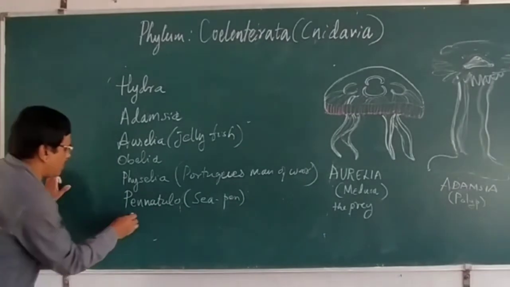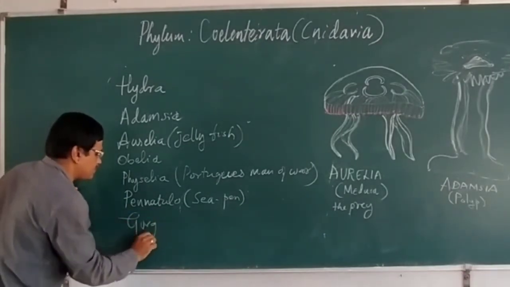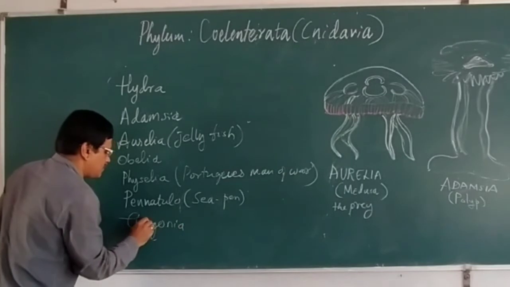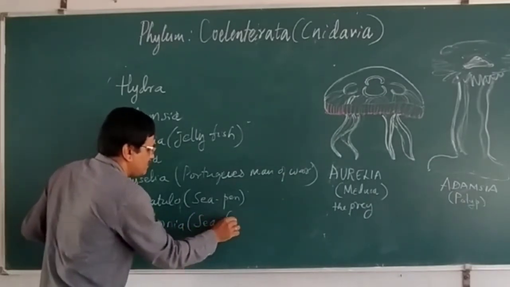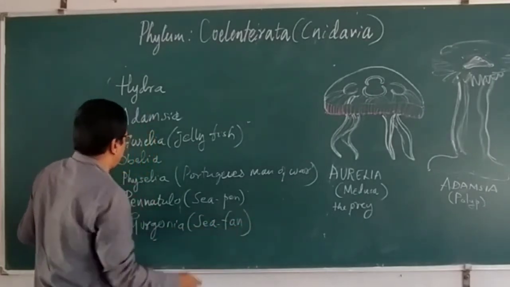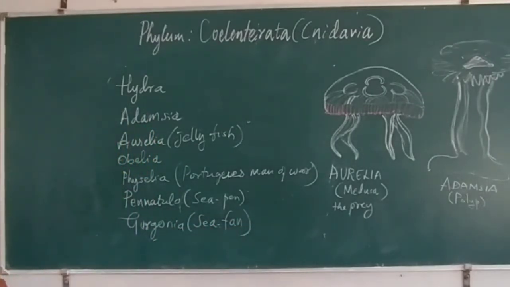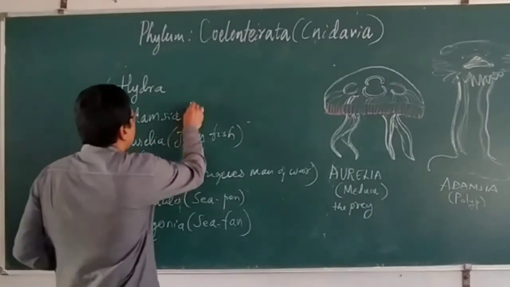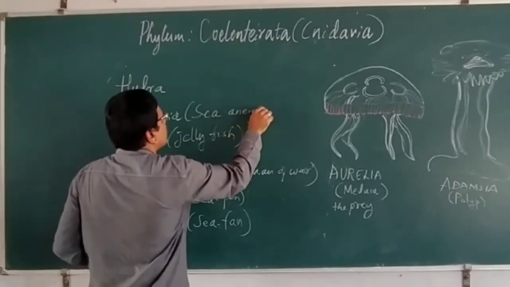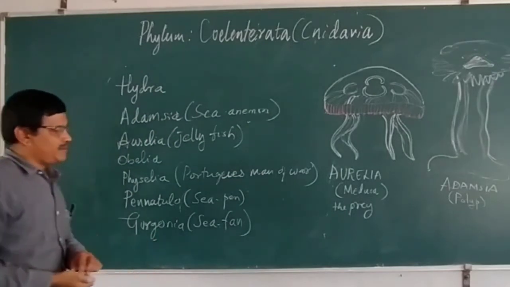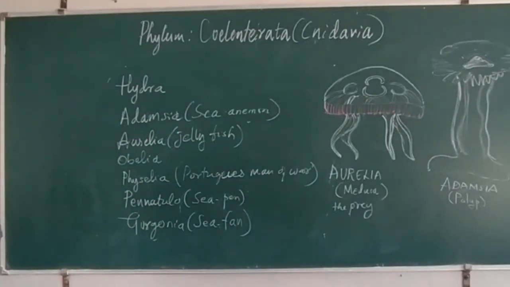Then Gorgonia, commonly known as sea fan, and Adamsia is also known as sea anemone. So these are the examples of cnidarians.